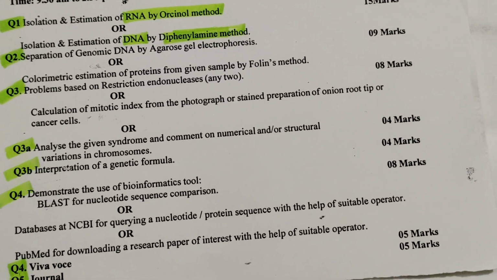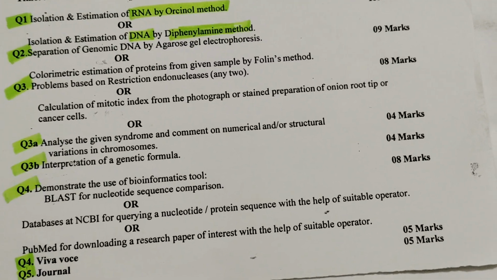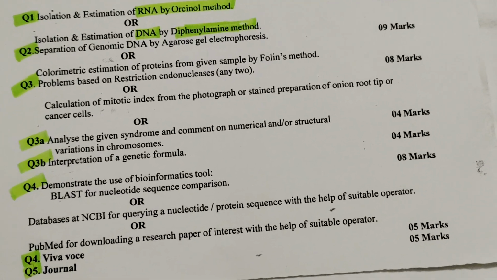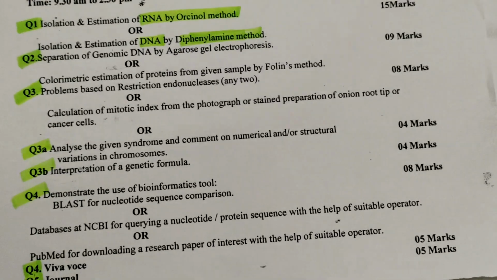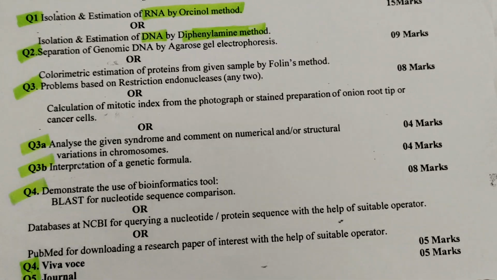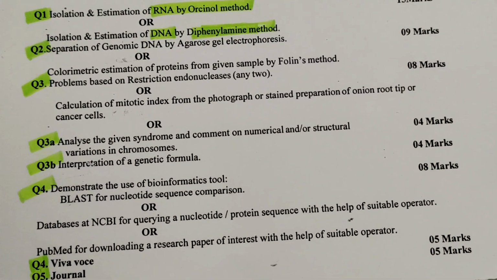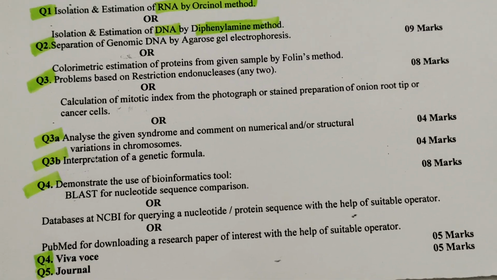So you have to identify the syndrome and comment on the numerical aberration or structural aberration. Plus along with this you will get interpretation of genetic formula, deletion, duplication, etc., Robertsonian translocation, etc. Interpretation of genetic formula carries 4 marks, and analysis of syndrome carries 4 marks. So together it will come to 8 marks.